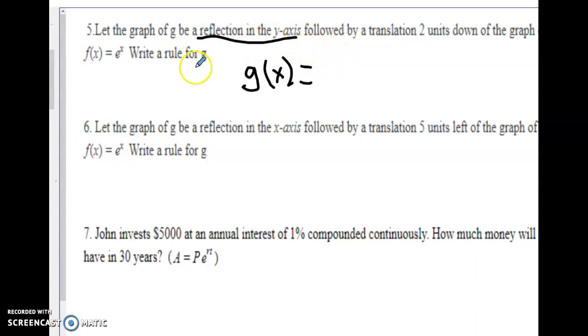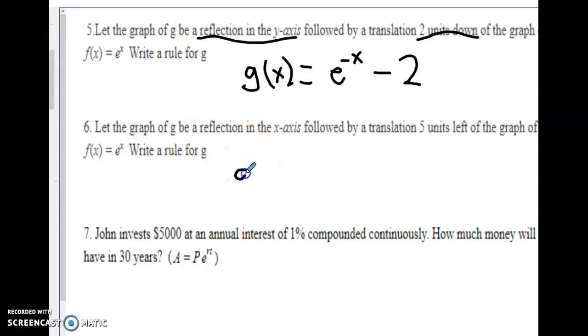Well, a reflection in the y-axis has a negative on that exponent, so it's going to be e to the negative x. That's what's going to make that reflection in the y-axis happen, followed by a translation 2 units down. So 2 units down is subtracting 2 from the whole equation. So that's what that equation would look like.